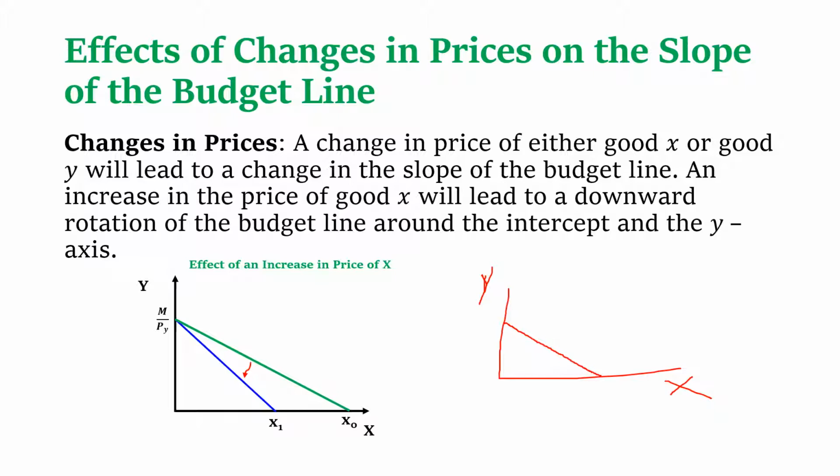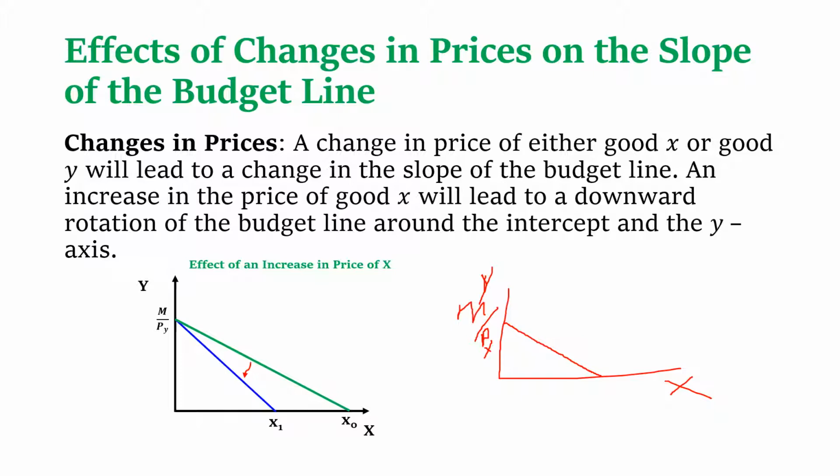We have M over PY here, and then we have our X1 and then maybe our X2, something like that. So if the price of the good increases, what will happen to this budget line? Is it going to rotate outward or inward?